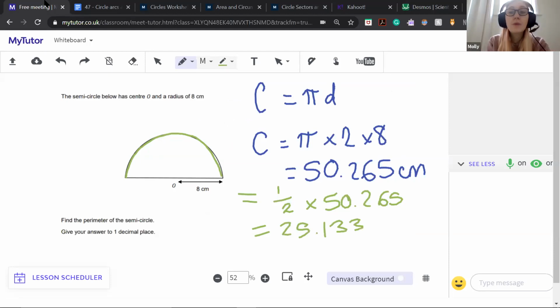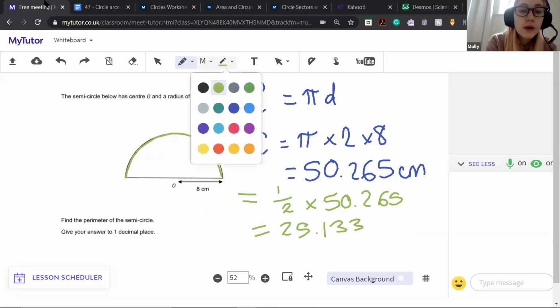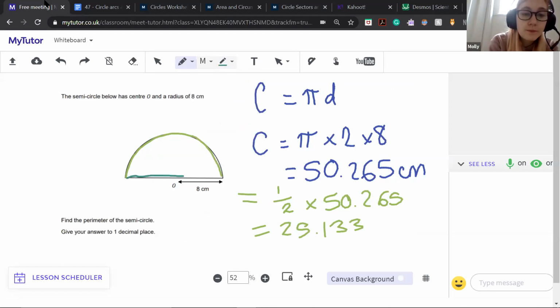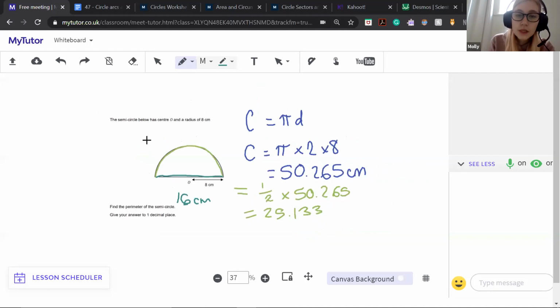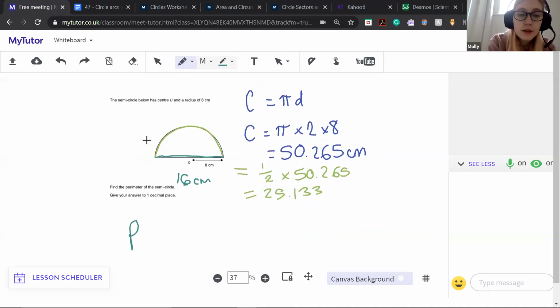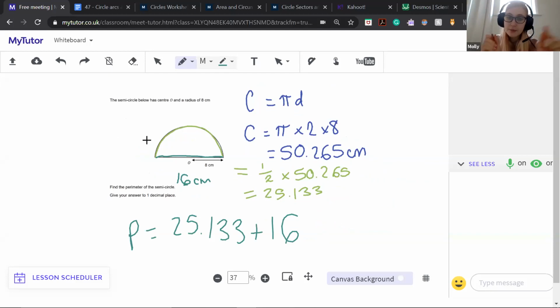Okay, now we're not quite done, because for the perimeter of this full semicircle, we also need to include this bit. Now the radius is 8, so this bit here is going to be 16, twice that. So our final perimeter will be the half circumference added to that diameter.